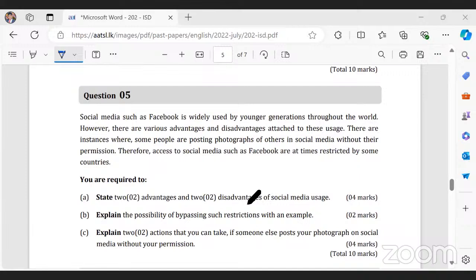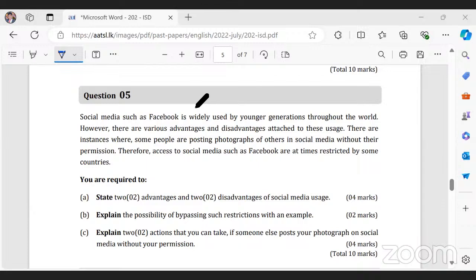Social media such as Facebook is widely used by the younger generation around the world. However, there are various advantages and disadvantages attached to its usage.